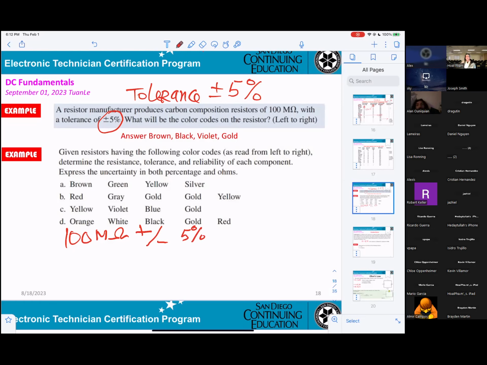So the first thing you have to calculate is 5%. That means you take 100 mega, that's 100 million, times 5 divided by 100, right? So what do you get?